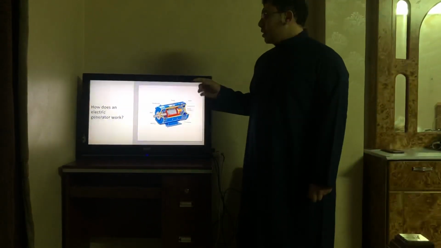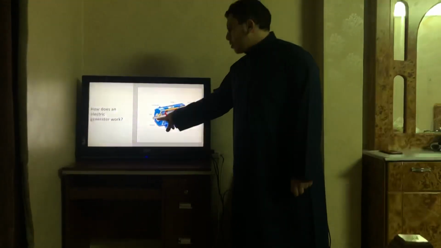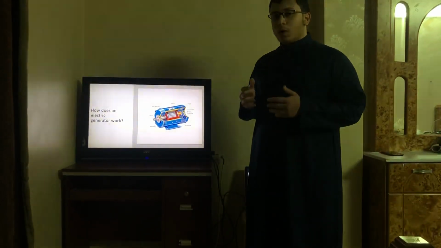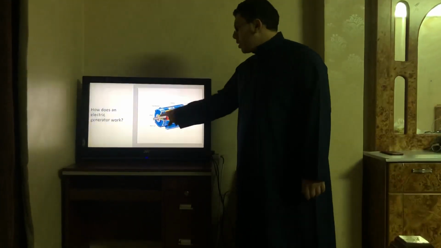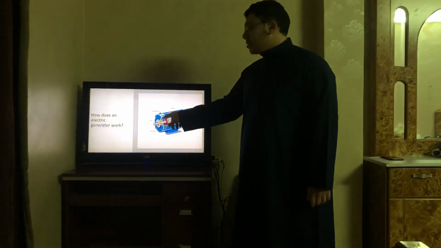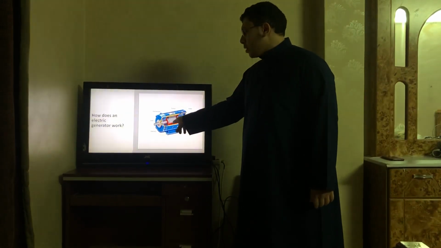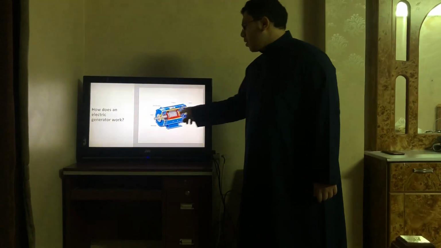How does an electric generator work? Well, first of all, this rotating shaft must be connected to a wind or water engine. This wind or water engine will rotate this shaft fast enough. So the armature here, which is an electromagnet, will be spun because of the shaft.